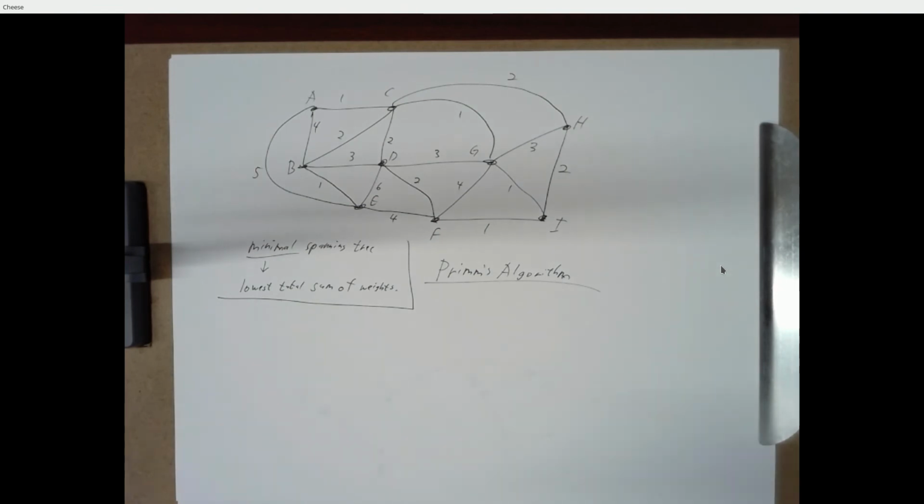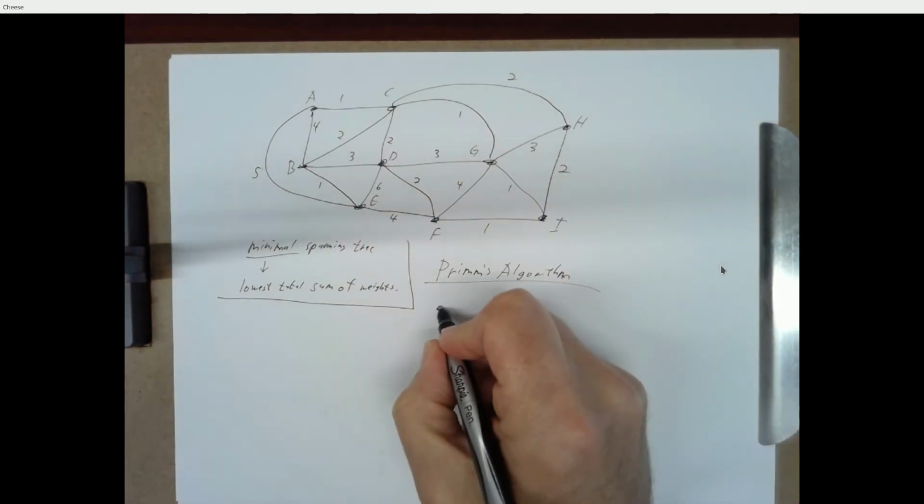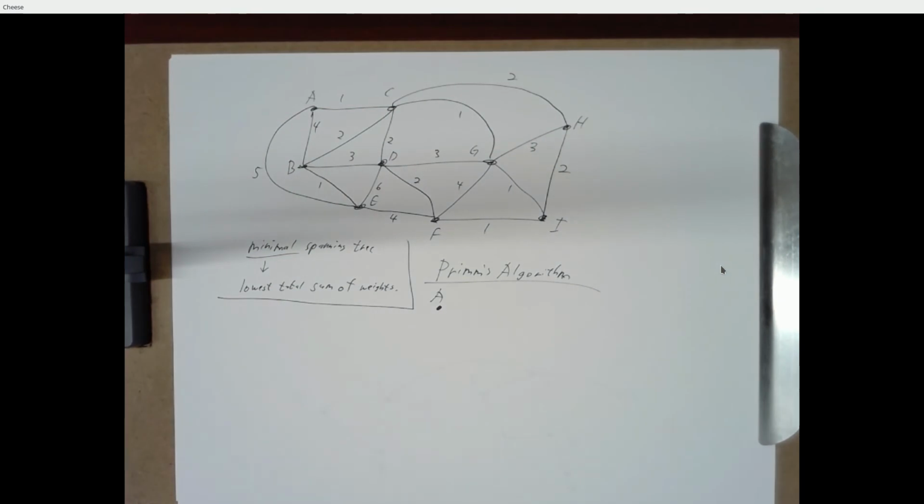You can start with any vertex you want, because every vertex is going to be a part of your minimal spanning tree, right? So we can start with any vertex that we like. Let's just start with A, because it's alphabetical. And we add the shortest edge connected to A that does not create a cycle.